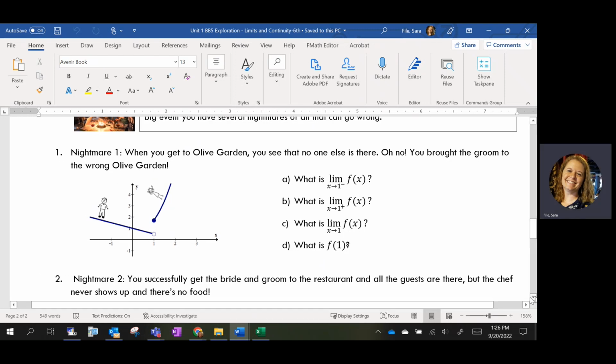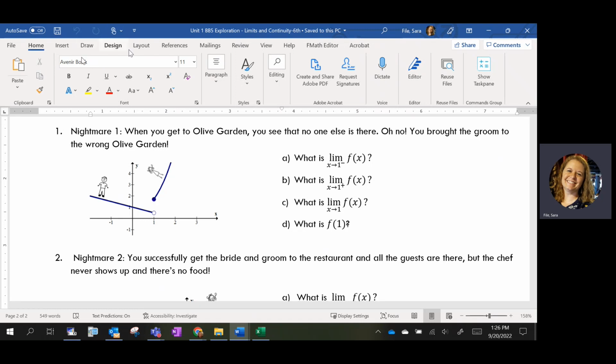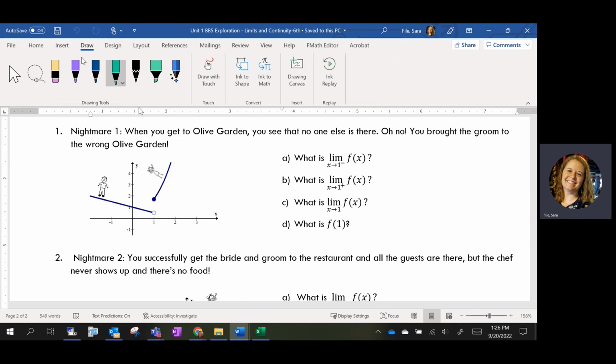So 1 is the x value we're trying to approach. We can see here there is a discontinuity, right? So as I approach from the left, that's the groom, it looks like. As we're approaching from the left, what is the y value we're approaching?